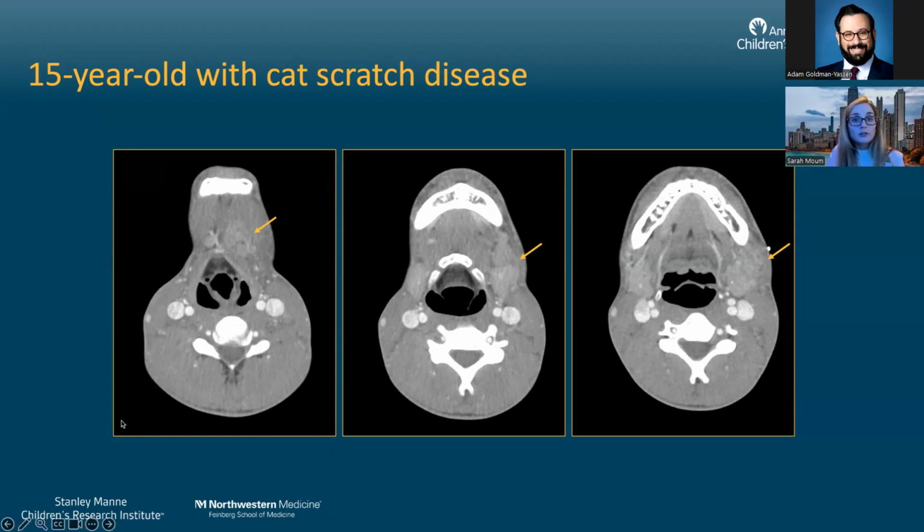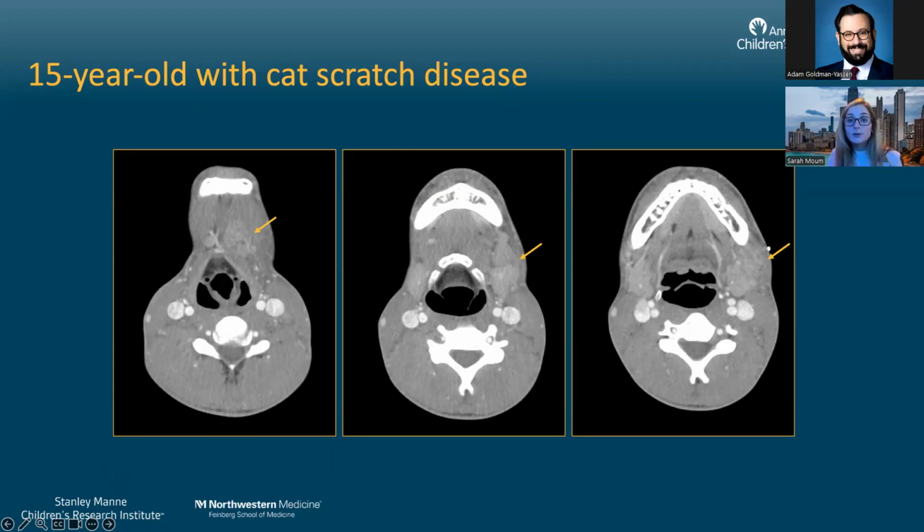On the image, we can see these very vague, hard to see, not avidly enhancing, but heterogeneous lymph nodes within the left submandibular space and adjacent soft tissues. And again, especially with the history, all other serologies came back negative, but Bartonella was positive. So this was secondary to, or representative of, cat scratch disease.